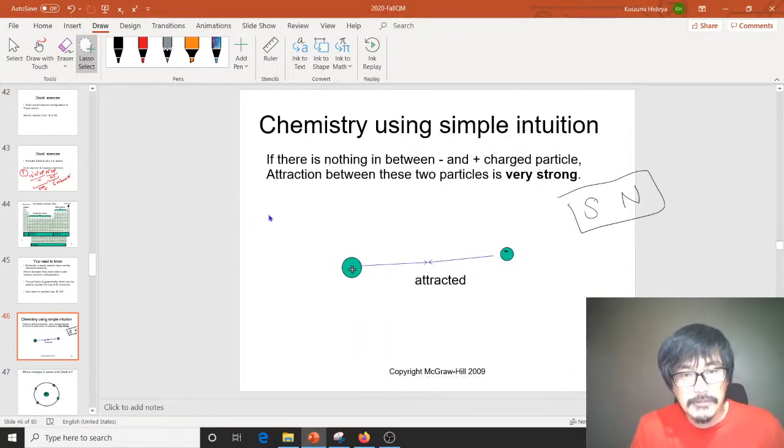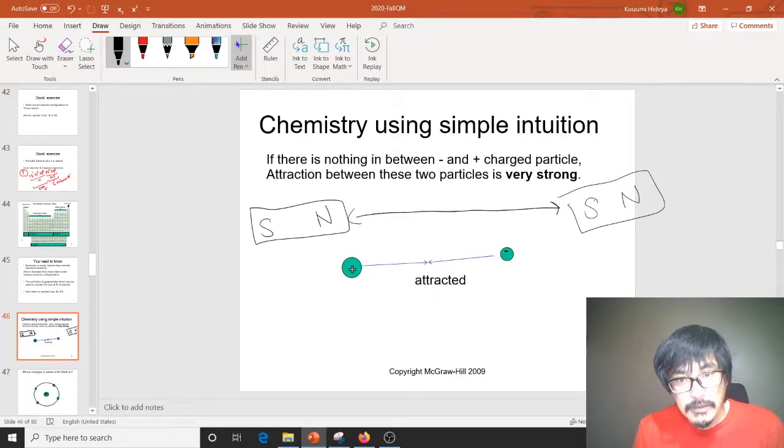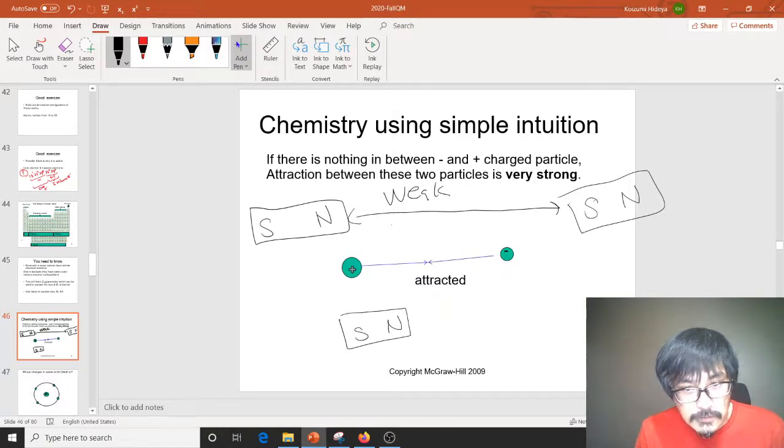If you have two separate magnets like this, the interaction is very weak here because of the large distance, right? But if you put these things very close, then what's going to happen here?